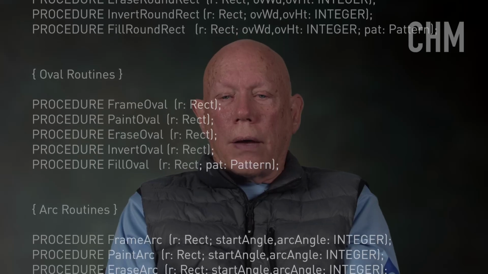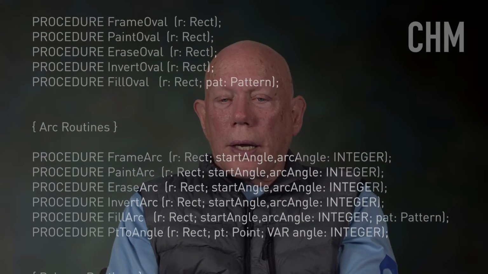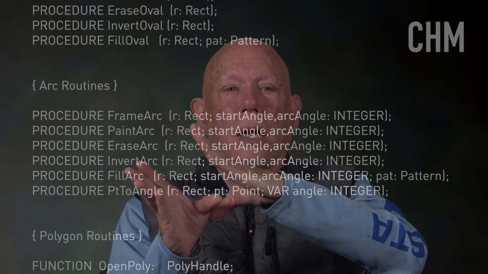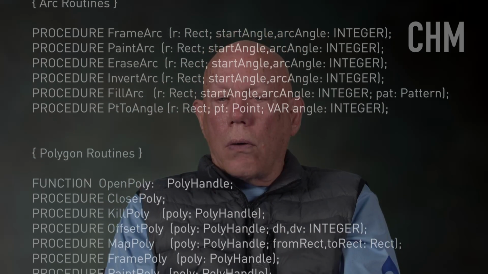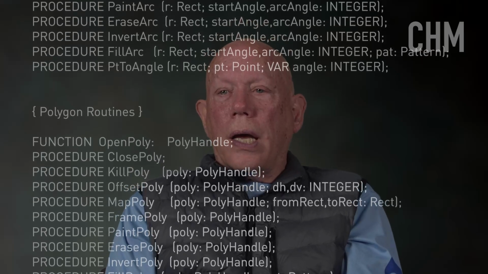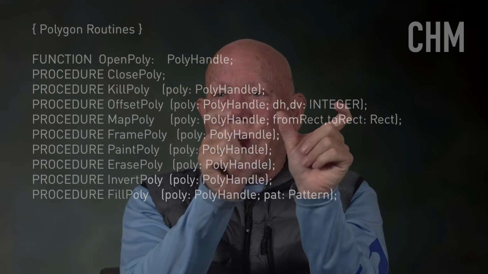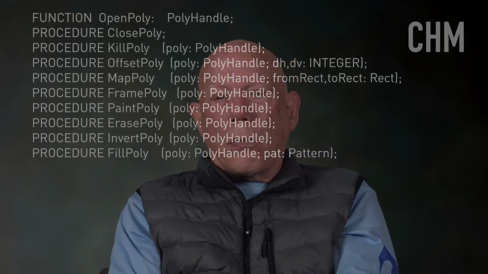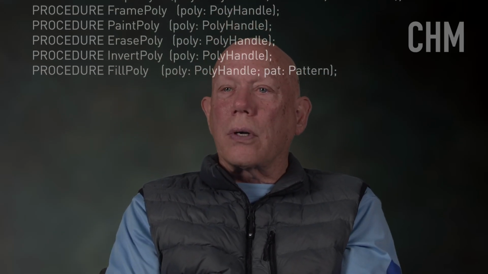So you'd have frame poly, a polygon, or arc, an arc of a circle. So you can kind of pick and choose the verb and the noun, and that made it a little more consistent interface for dealing with the graphics primitives.